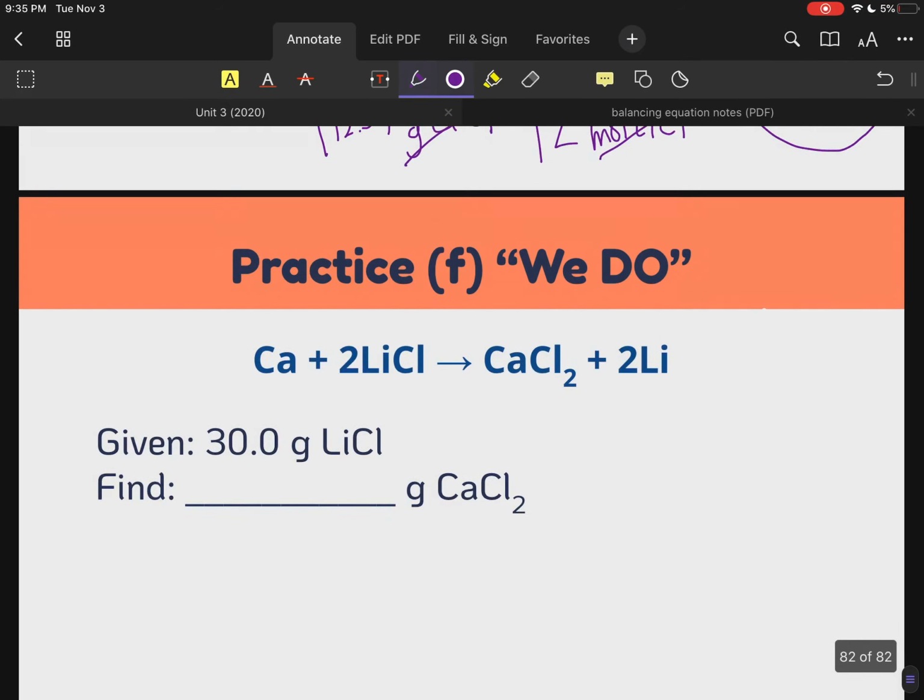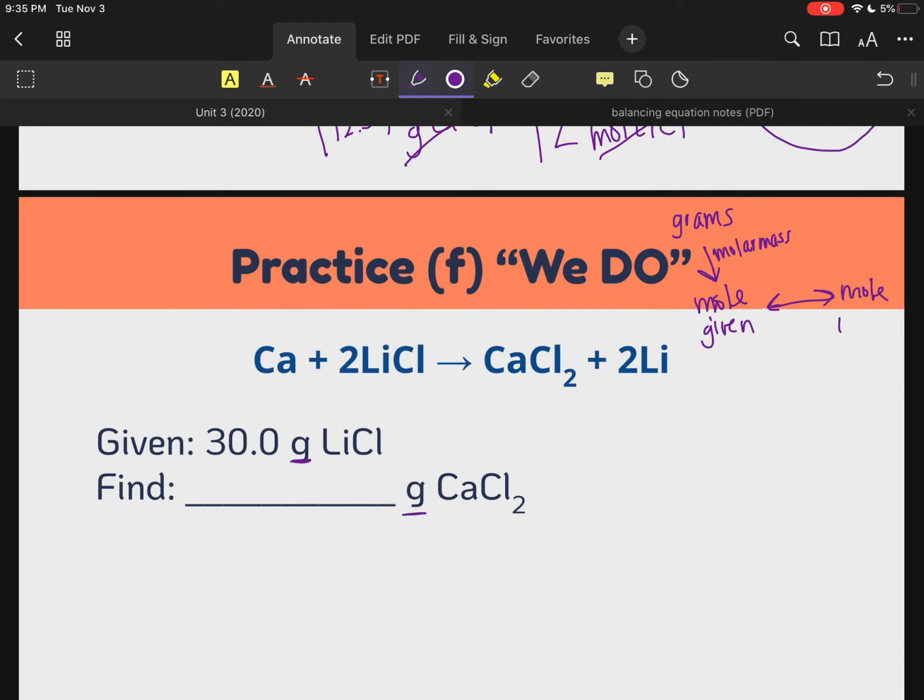I believe this is the last one. Okay, notice I'm going from grams to grams. So let's look here. Grams to moles, right? What am I going to use? Molar mass. Remember, this is my moles of given, what I'm starting with.